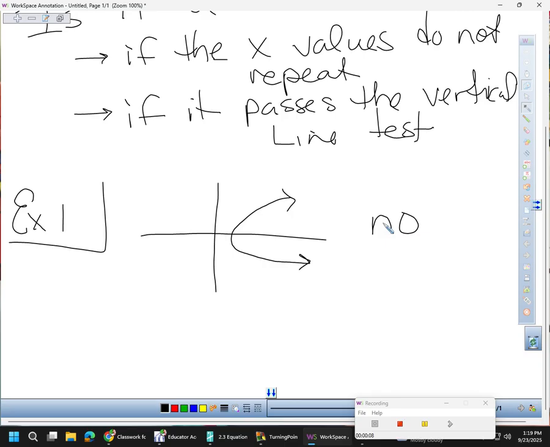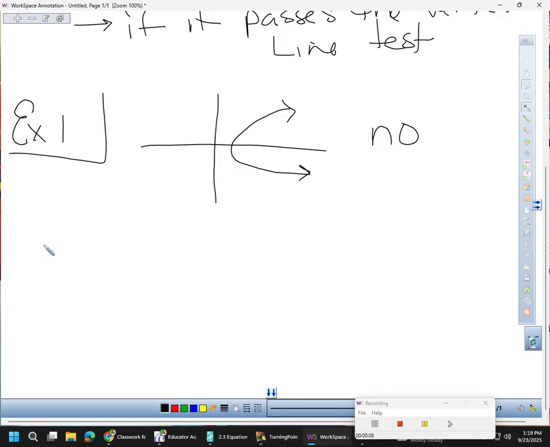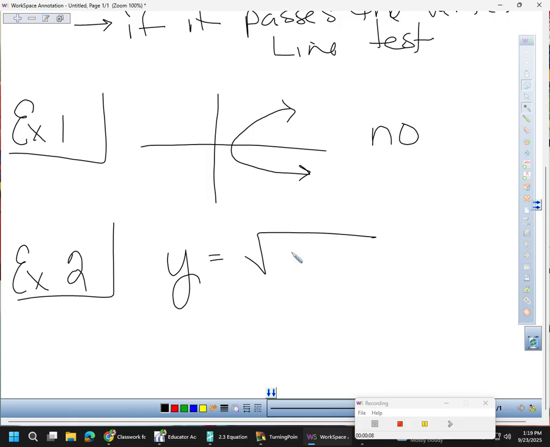Correct. Very good. Maybe they will give it to you in equation form. Let's say y equals the square root of x plus 3.